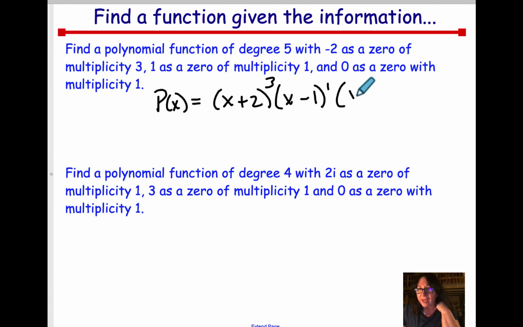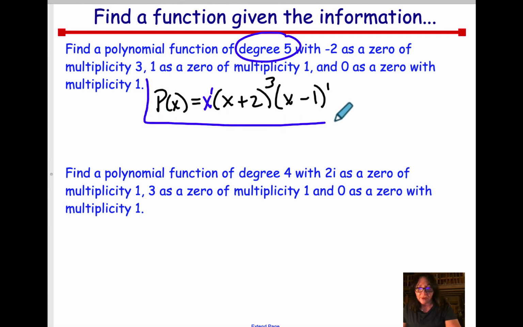Instead of writing x minus 0 here, I don't want to see that. I would expect that you put your zeros that are 0 up in the front like that. So let's see, we have 3, 4, 5, it's a 5th degree, we're done. And this would be my answer.